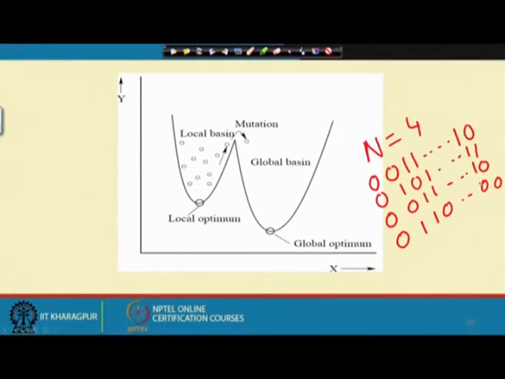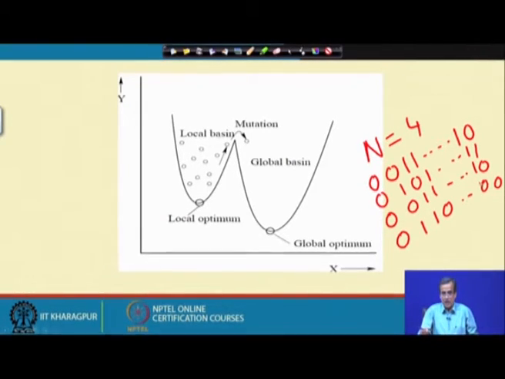Supposing that these are the GA strings and they are going to participate in crossover. Now, if I use single point, 2 point, multi point or uniform crossover, I will get some children solutions. There is a possibility that I am going to miss the value 1 at the leftmost bit position. If I use single point, 2 point, multi point or uniform crossover, at the leftmost bit position I will not get 1.